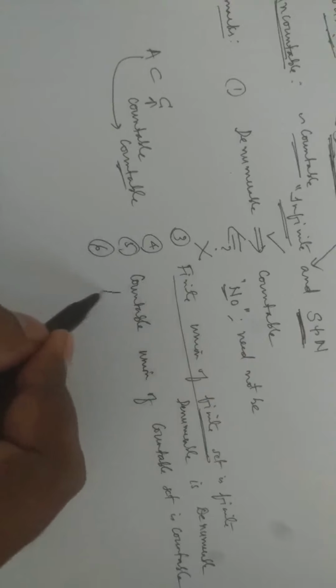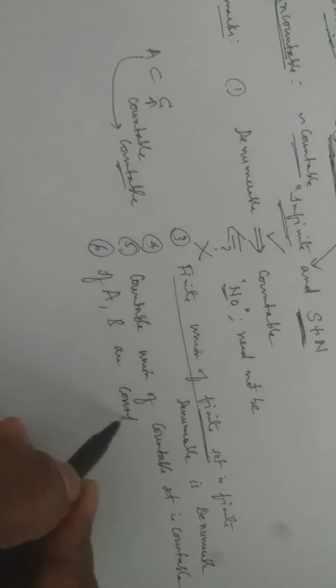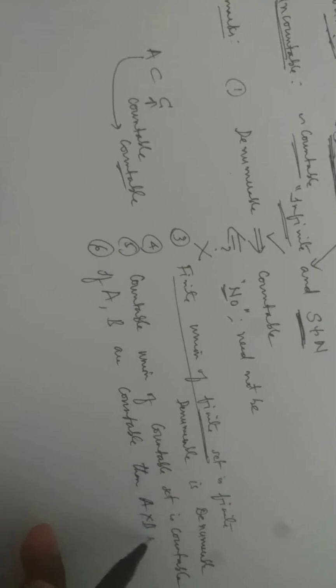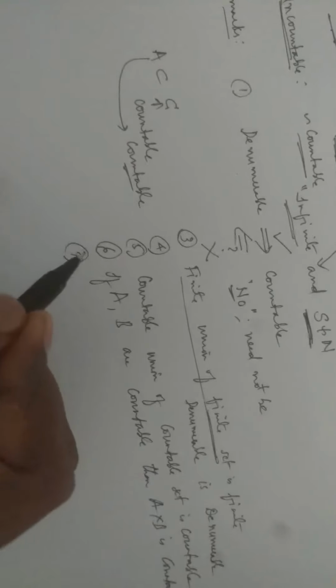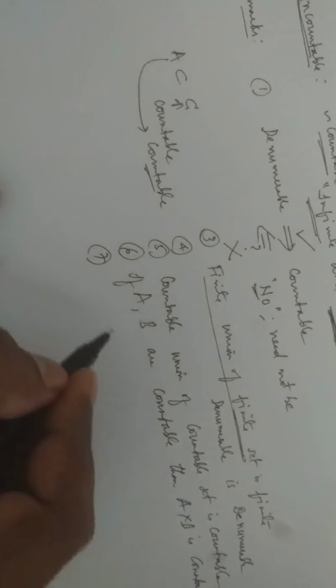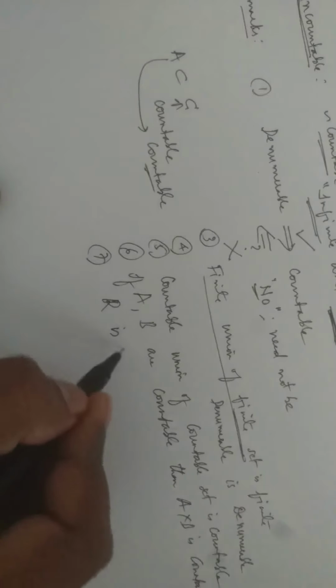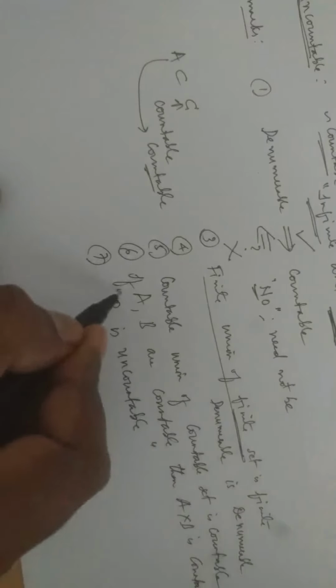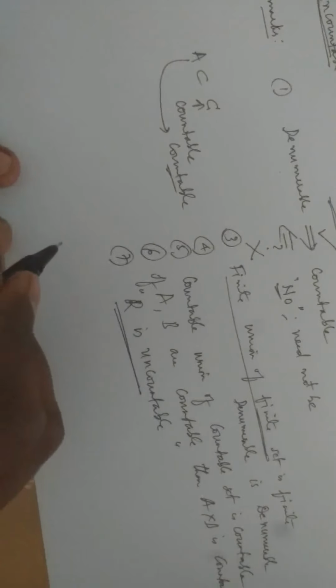Then if A and B are countable, then A cross B is also countable. The set of all real numbers is uncountable.